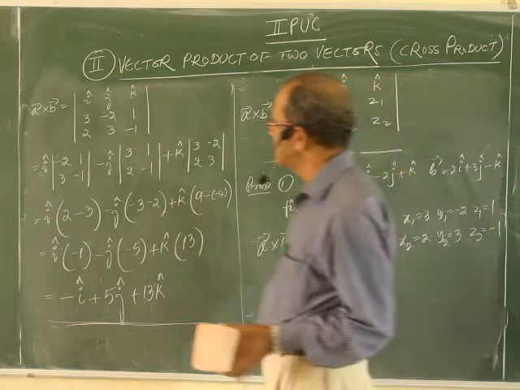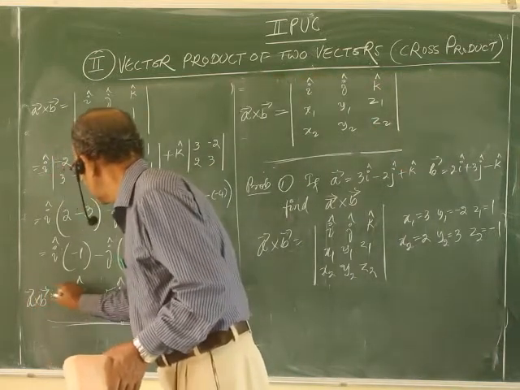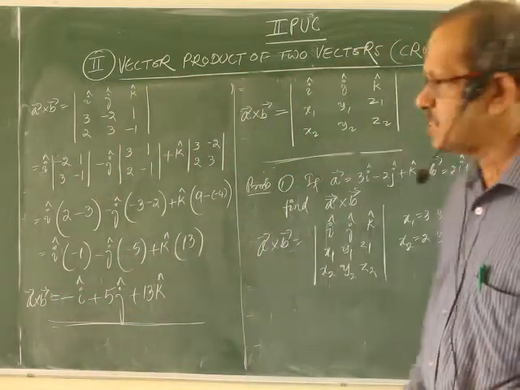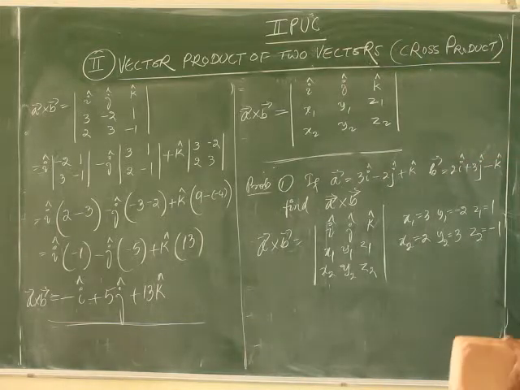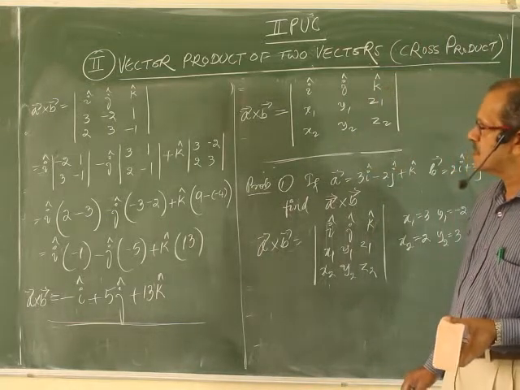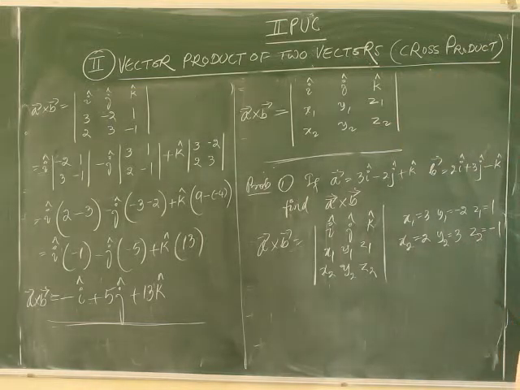A cross B is a vector. Just by obtaining the value of the 3 into 3 determinant, you get the cross product of the two vectors A and B. 2 minus 3 is minus 1, minus 3 minus 2 is minus 5, 9 plus 4 is 13. Correct. Everything is correct.